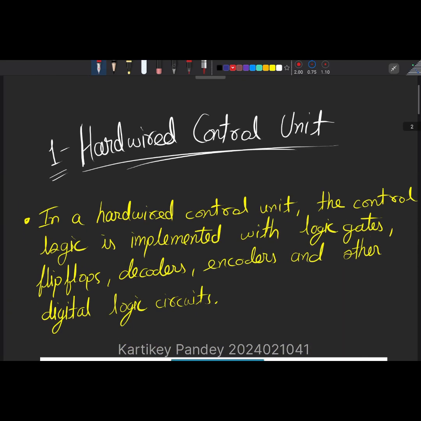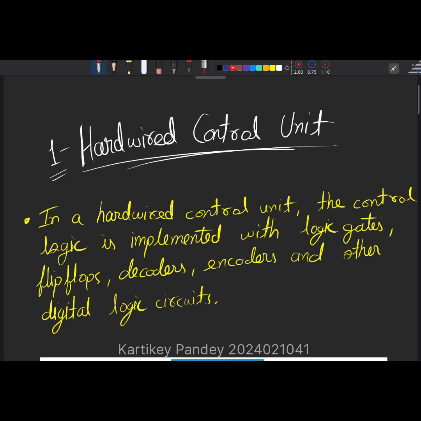As the name suggests, a hardwired control unit is hardwired. Here, the core idea is that control signals are generated using fixed combinational circuits, gates, decoders, flip-flops, and there is no control memory. In a hardwired control unit, the control logic is implemented with logic gates, flip-flops, decoders, encoders, and other digital logic circuits.